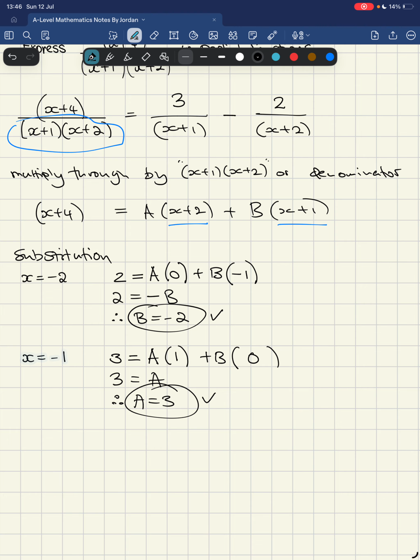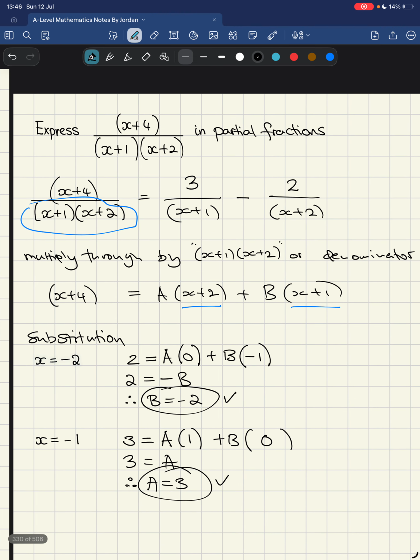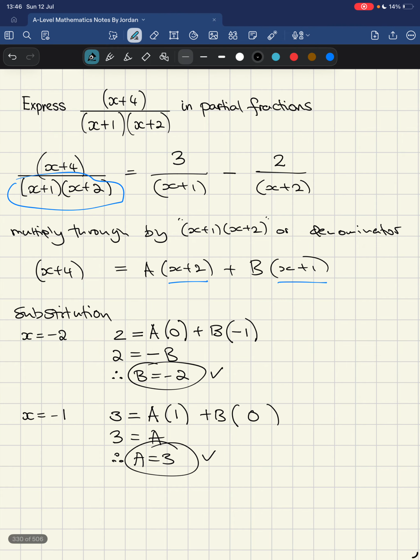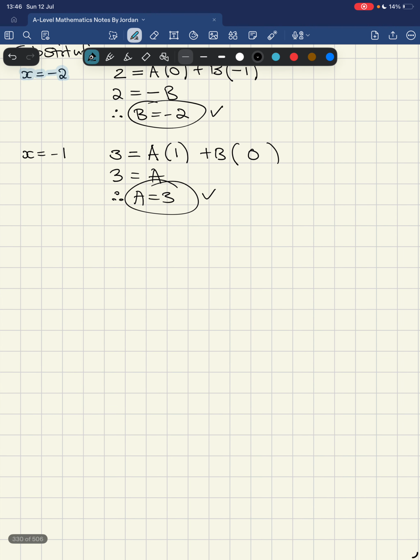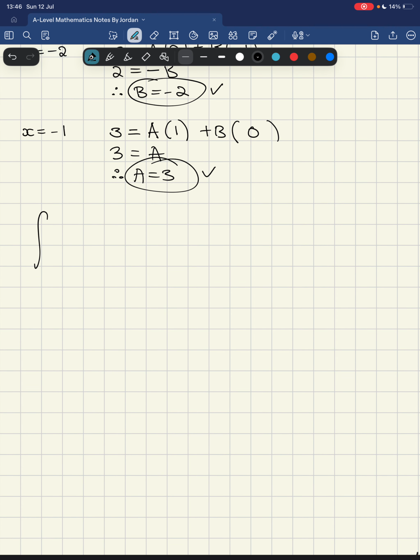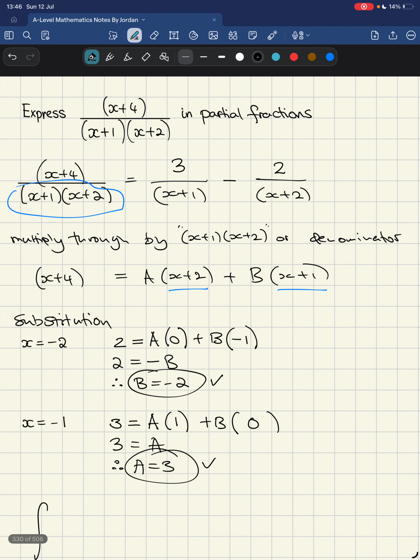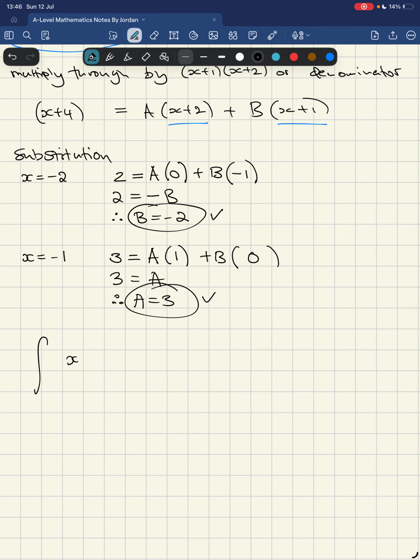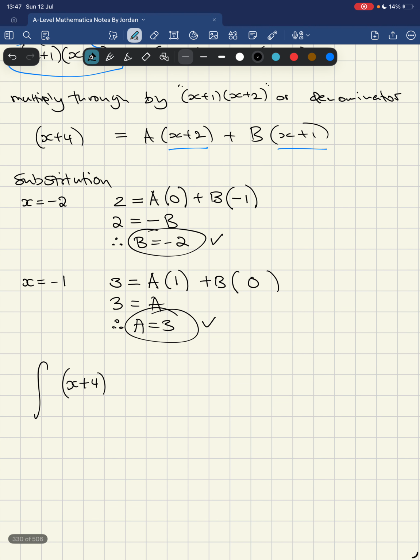So imagine instead now they actually wanted you to try and integrate this thing here. Right, there we go.